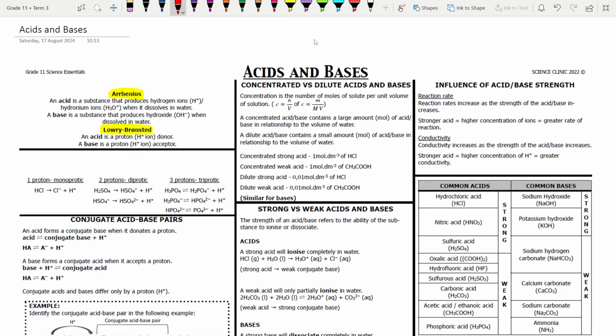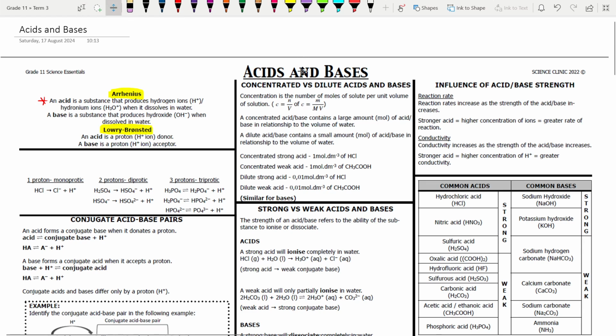Arrhenius said that an acid is defined as a substance that will produce hydrogen ions or hydronium ions when it is dissolved in water. I'll show you what that means.